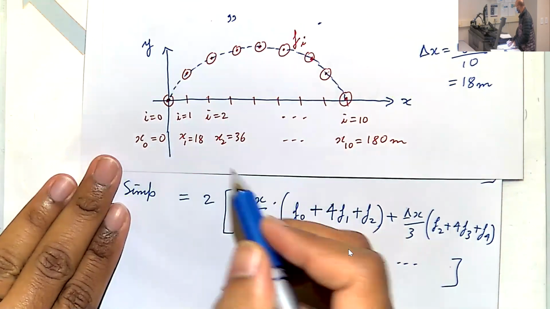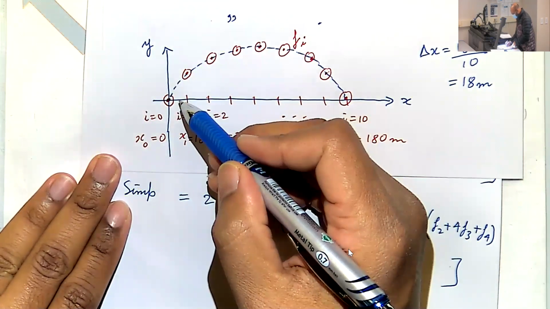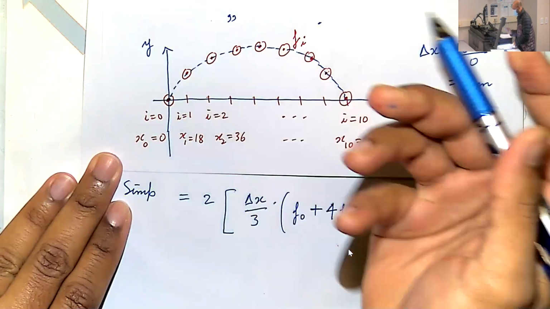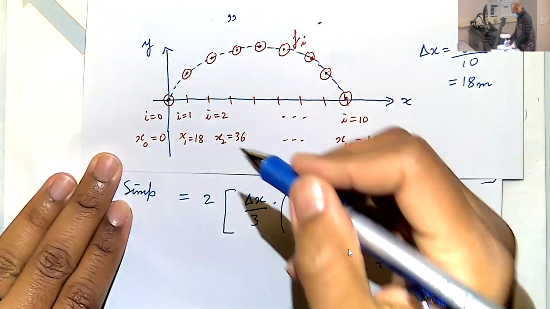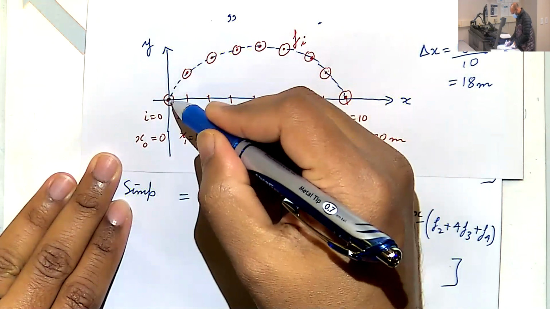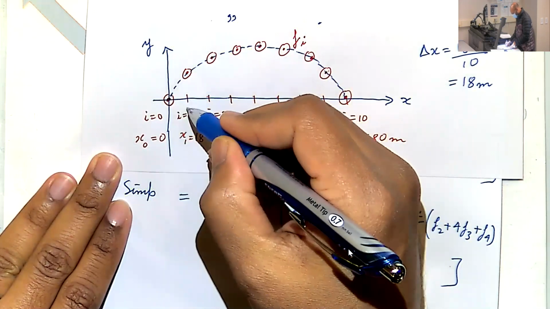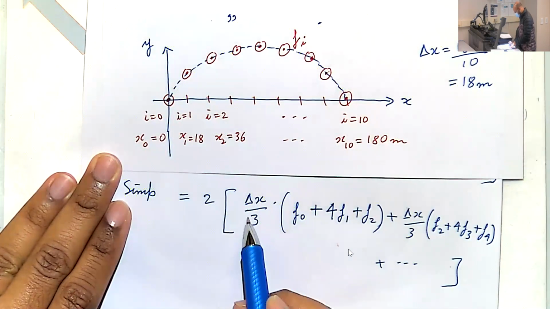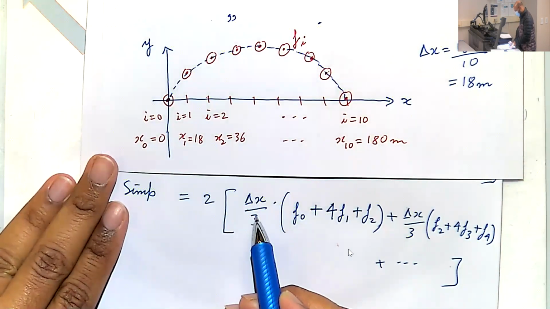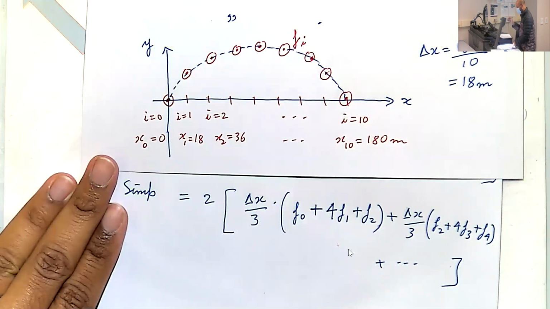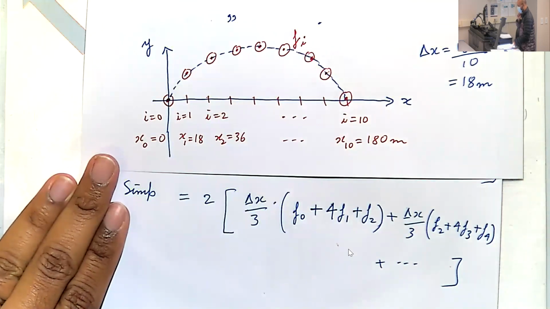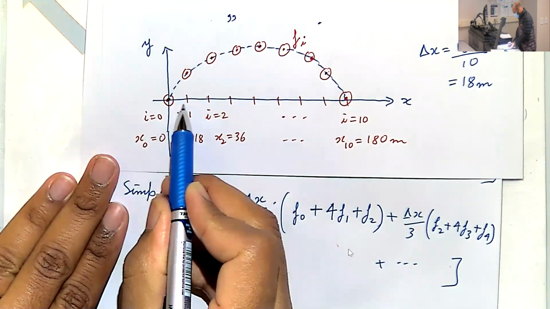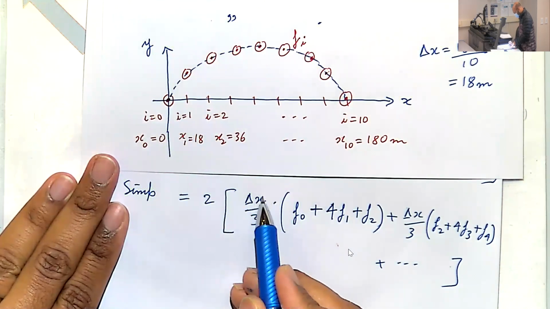We need to use 3 points, the first 3 points, to form the first Simpson's interval. h is distance between these two, which in our case is delta x. So again, don't confuse this with why it was delta x over 6. You can forget about the delta x over 6. Always use h over 3. So this is my h, delta x over 3.